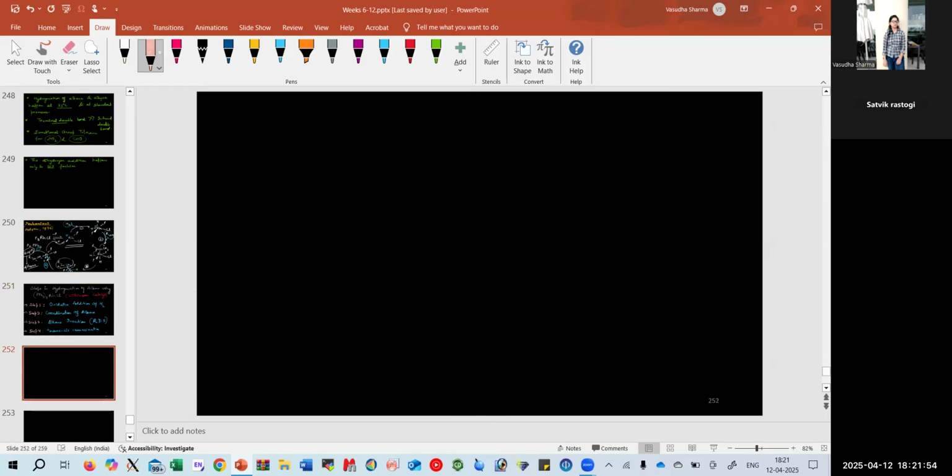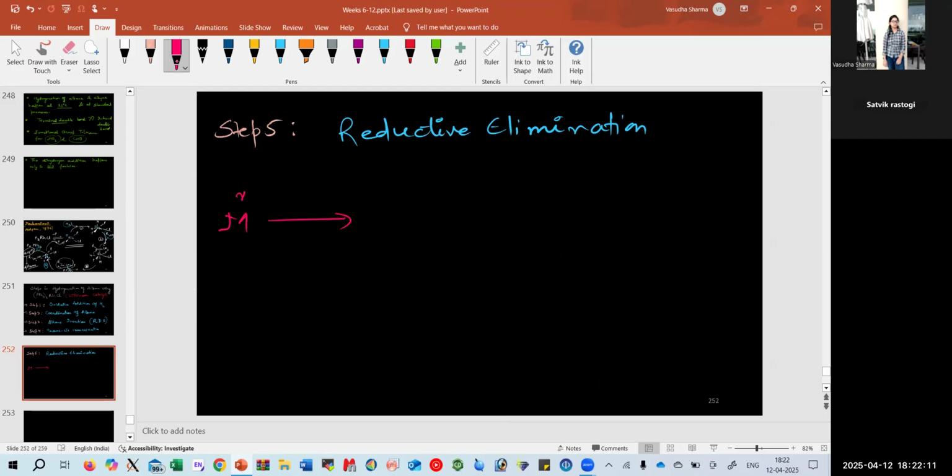So step number five is a reductive elimination. Reductive elimination is the complement of your oxidative addition. So here what really happens, as we mentioned, is that M in the n plus oxidation state goes from Mn to Mn plus 2 when hydrogen gets added. And this is called oxidative addition.